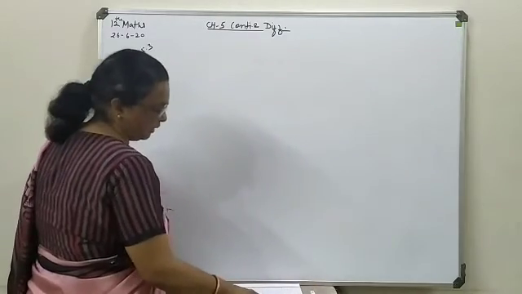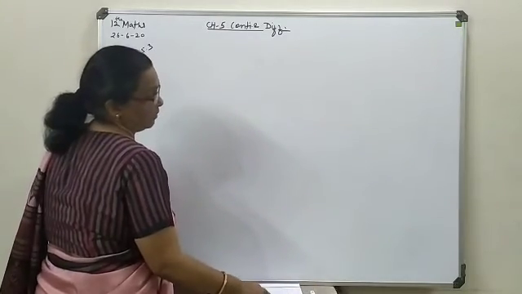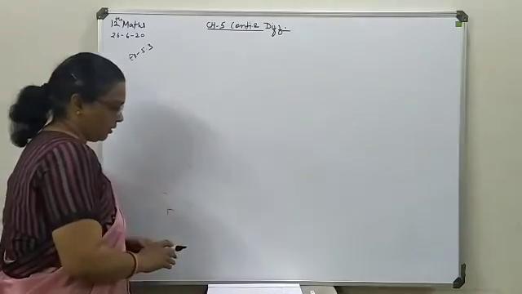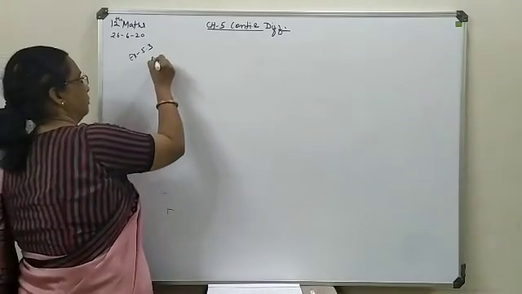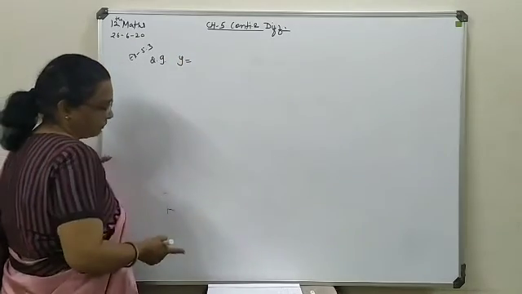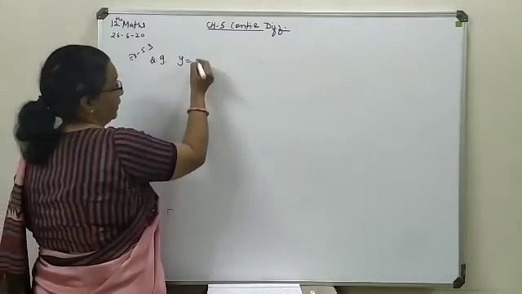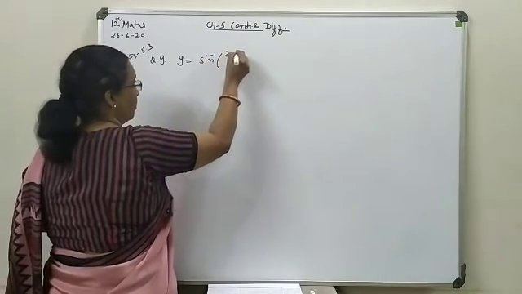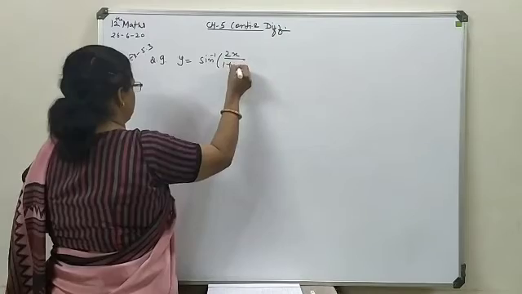Only one change you will have, that after writing the final answer form, differentiation will also be required. So just look at one question, so you will have some idea of how these questions are to be attended. Your question number 9 is sin inverse of 2x upon 1 plus x square.